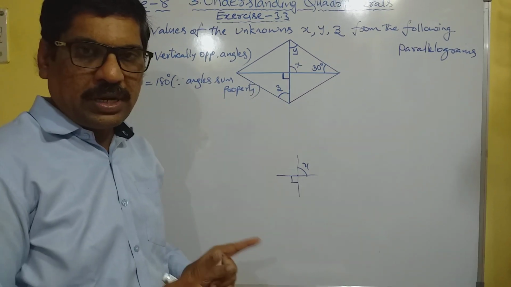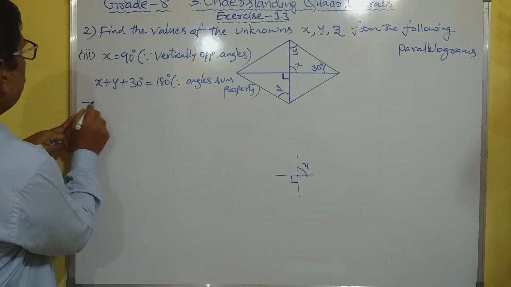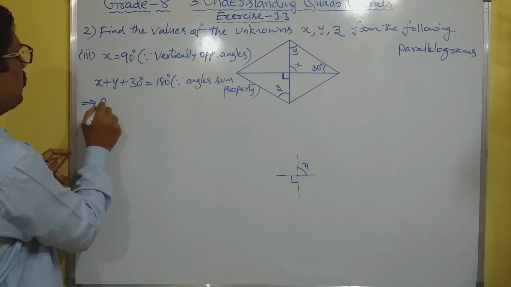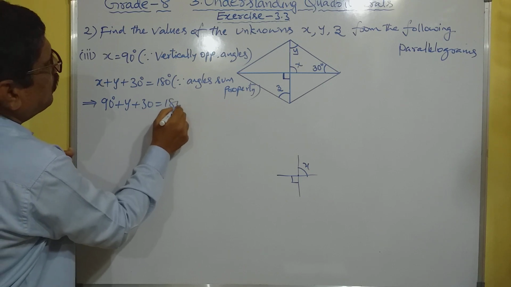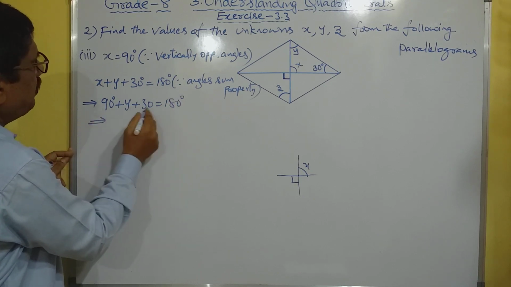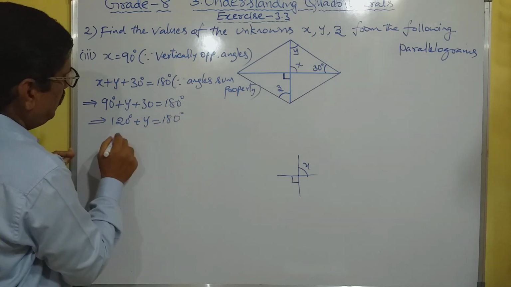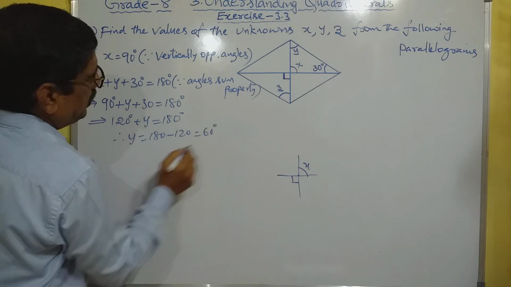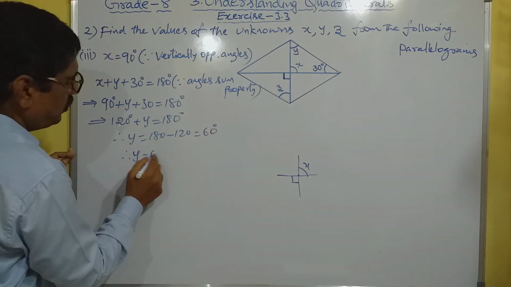We know that the sum of the three angles of a triangle is 180 degrees. Already we found the x value in the previous step, so substituting here, 90 plus y plus 30 is equal to 180 degrees. This implies 90 plus 30 is 120, plus y is equal to 180 degrees. Therefore, y is equal to 180 minus 120. We will get 60 degrees. We got the y value also. Therefore, y is equal to 60 degrees.